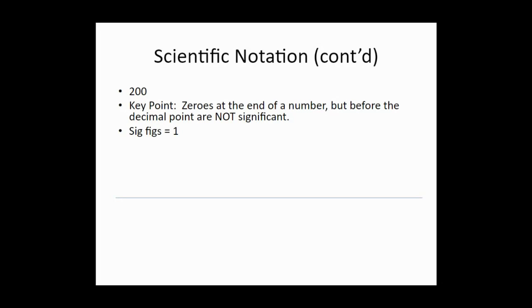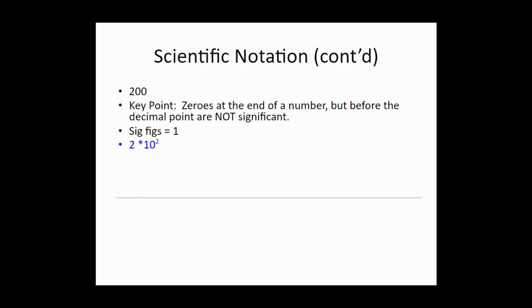So this number could mean anything from 183 to 249, right? Anything that would round to 200 could be communicated by that number, because their zeros are not significant unless you take action to make them significant. You have to consider the precision of the tools you're using. If I were to put 200 into scientific notation, it would be 2 times 10 to the 2, because I moved my decimal 1, 2 places.